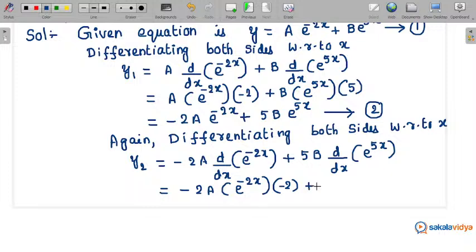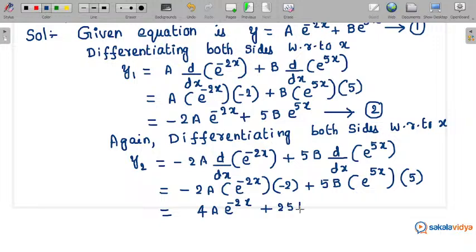Next plus 5b times e power 5x differentiation is e power 5x into 5x differentiation is 5. Right. Now minus 2a into minus 2 will be 4a. So 4a times e power minus 2x, and 5b into 5 is 25b times e power 5x. Right. This is equation 3.